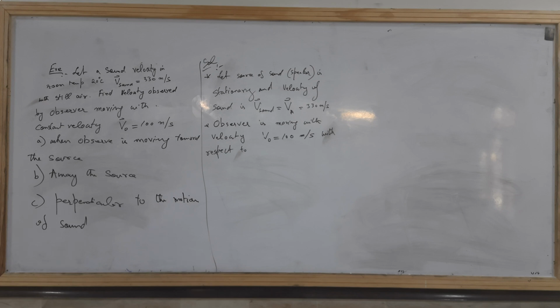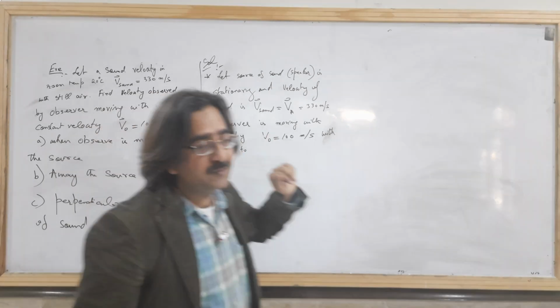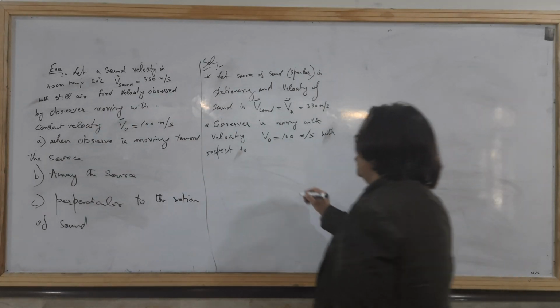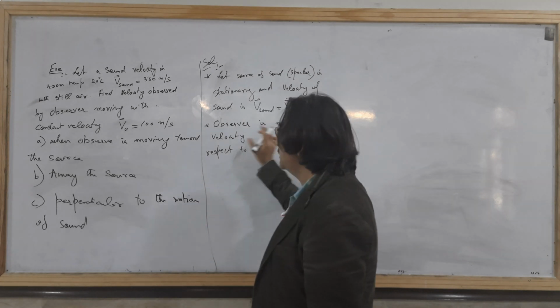Yes, he is right. The source is stationary, and so the observer velocity is with respect to the source, because the source is stationary. So this is velocity with respect to source.